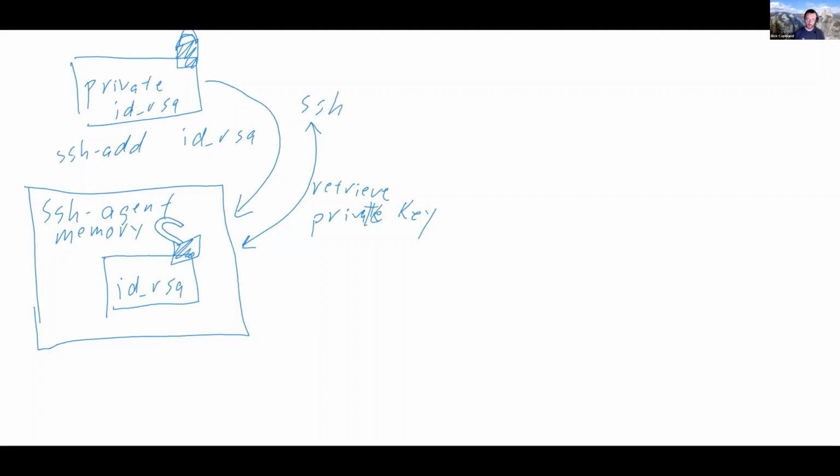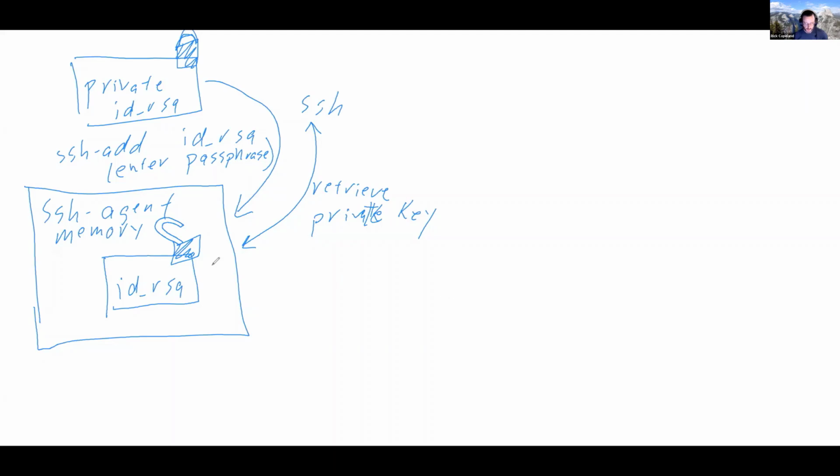But somehow it's able to be there. Anything that I load into its memory, I can then use to authenticate without having to enter the password. So when you do that SSH add, then, I switched screens without telling you what I was doing. When you do the SSH add, you do have to enter the passphrase. All right.